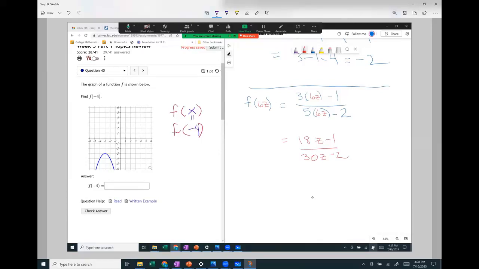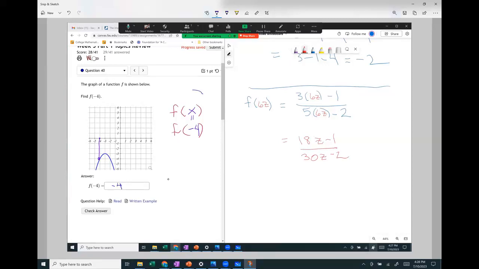Notice that means that x has to equal -4. So we go here to x equals -4. We go down and we can see that when x equals -4, y equals -4. So this would be -4.